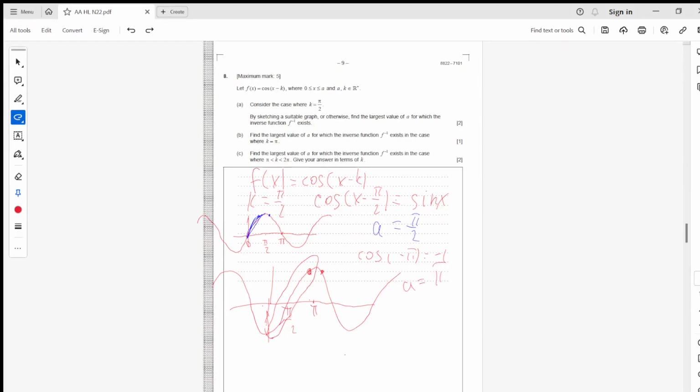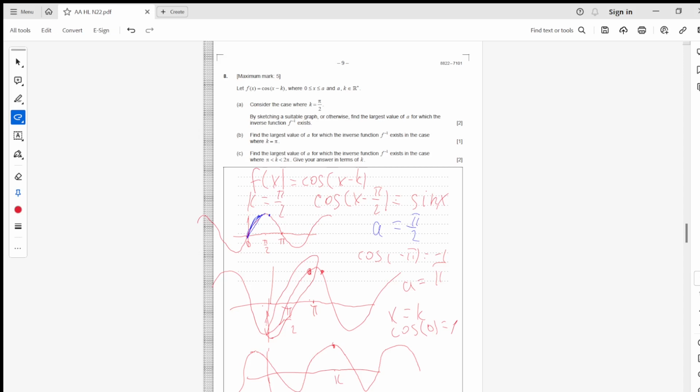And for the last question, let's also sketch a graph of the cosine function. I will give you one specific example and we will make a conclusion based on this example. Okay, so if x is equal to k, then it would be cosine 0 is 1. So this point is k.